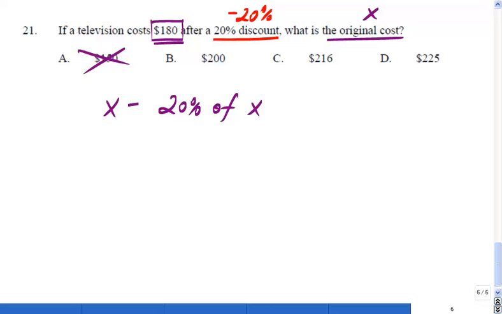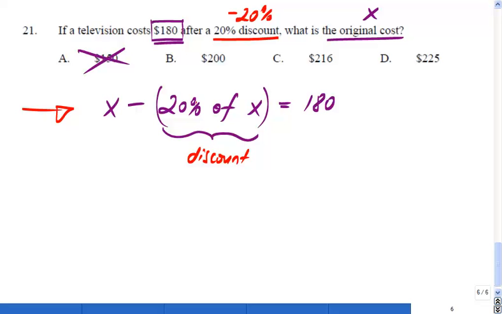So you'll have X from which you're going to take 20% off, should give you 180, right? Because this is your discount. So whatever the original cost was, X, if you take 20% off that, you should get 180. And this is the equation that we have to work with.